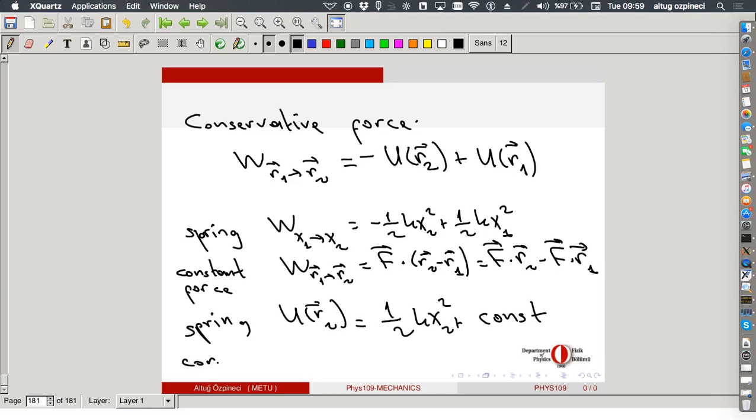And for the constant force, u of R2 is equal to minus F dot R, plus some constant. Well, that constant we don't know. It's just, again, convention. You can choose whichever value you want, because the only thing we know is this difference. And when you take this difference, that constant just cancels.